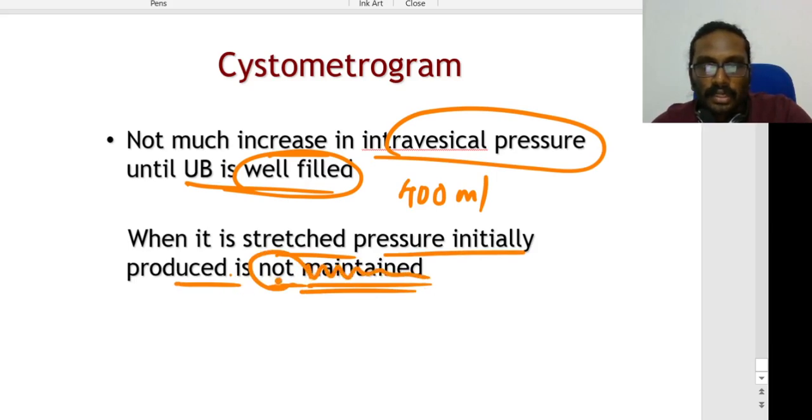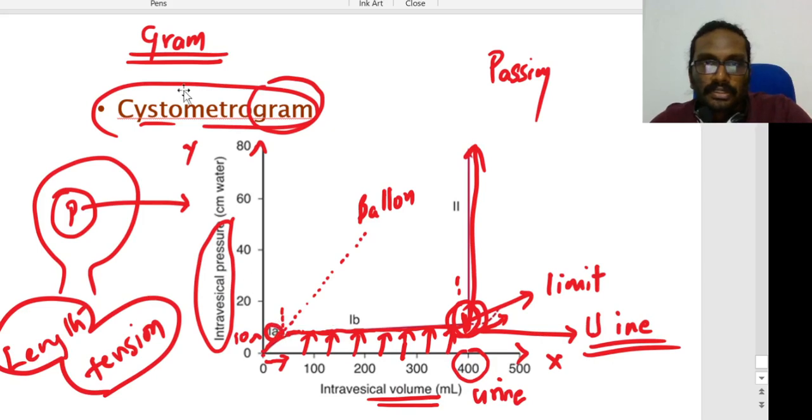The same pressure is well maintained here. You find the pressure doesn't change. The pressure is maintained in the range of around 10 cm of water up to about 100 ml. That describes your length-tension relationship, and that finishes your class on smooth muscle. Thank you.